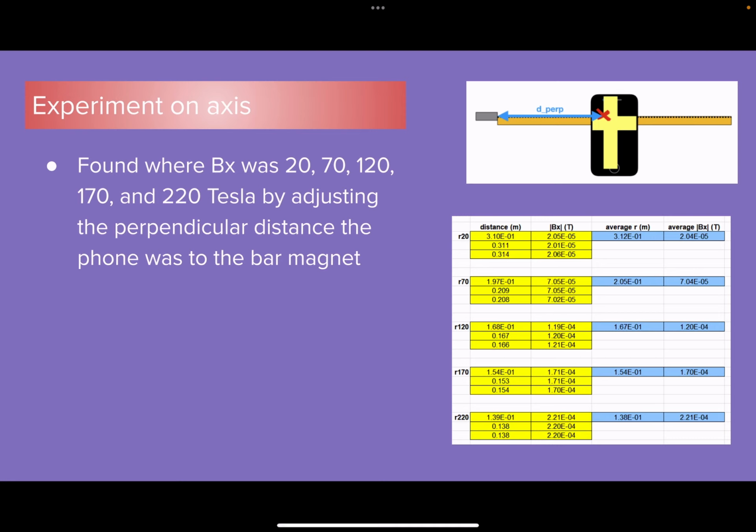We found where Bx was 20, 70, 120, 170, and 220 microtesla, and we did this by adjusting the perpendicular distance the magnetometer was to the bar magnet, and we found that the closer we got, the greater the magnitude of the magnetic field was.